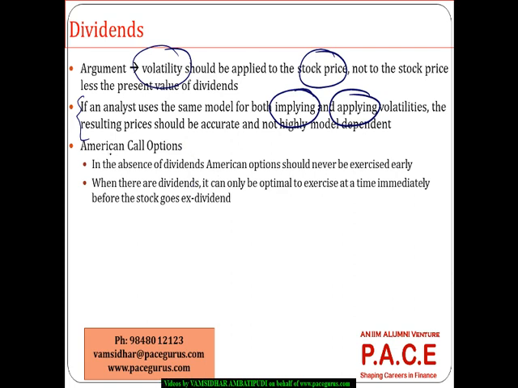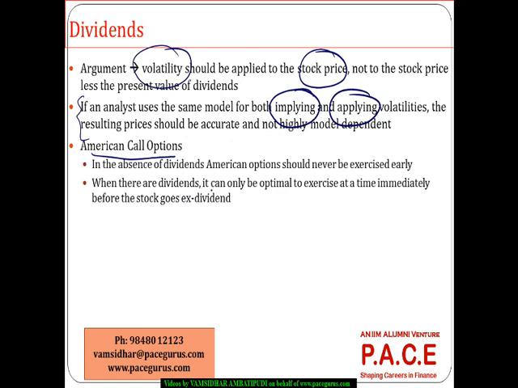And if I have to apply the same logic to American options, if the dividend does not exist, obviously there is no motivation to exercise the American option earlier. That we have discussed on quite a good number of occasions earlier.